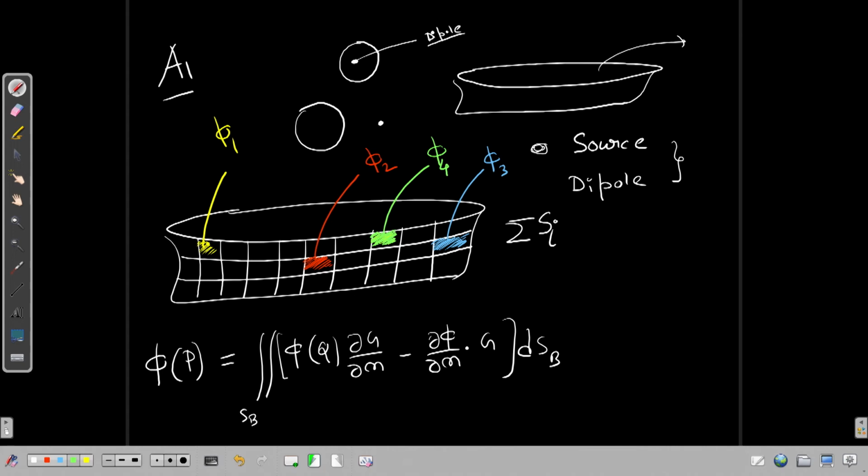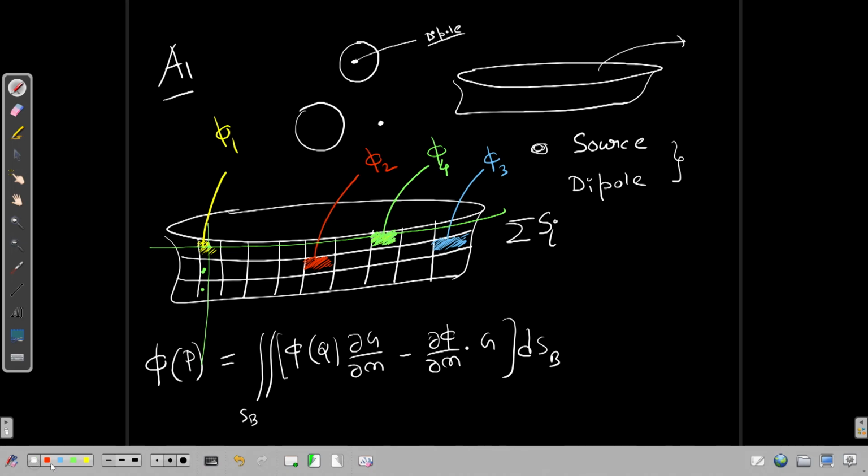Remember, this choice of phi 1, phi 2, phi 3, phi 4 can be arbitrary. Not necessarily should phi 1, phi 2, phi 3, phi 4 be in order. When I say in order, I mean not necessarily that phi 1 may be here, then this may be phi 2, this may be phi 3, or that all the phi are arranged in column fashion or in row fashion.